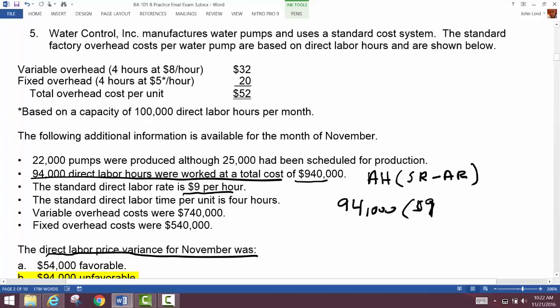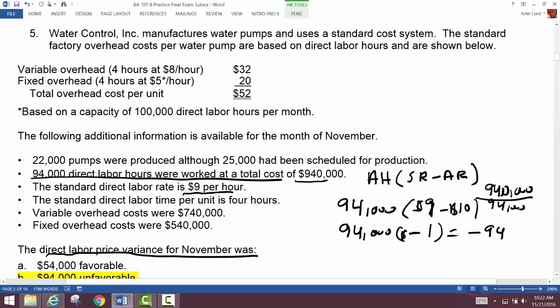Good. 940,000 is what they paid, and that's divided by 94,000 hours. So that's 10 bucks, right? Even I can do that one in my head. So that gives me 94,000 times -1. So it's a negative 94,000. That means it's unfavorable, right?